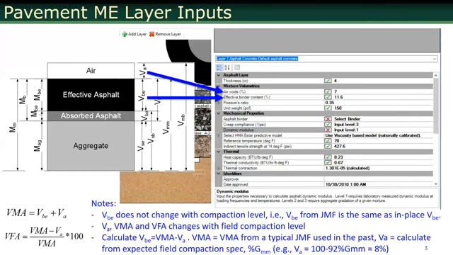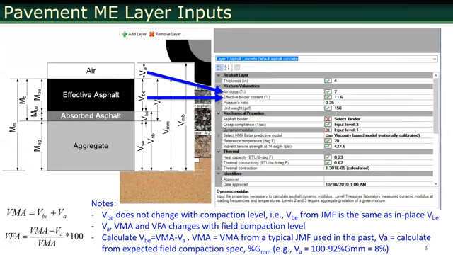Air voids will change depending on how well you compact. So now VA, VMA, and VFA will change with the compaction level. If you know the VMA in the field, we can calculate VBE equal to VMA minus VA. This could be calculated using the job mix formula.